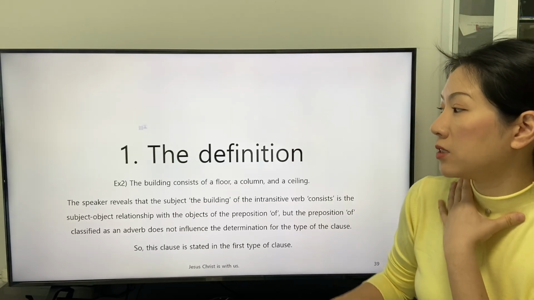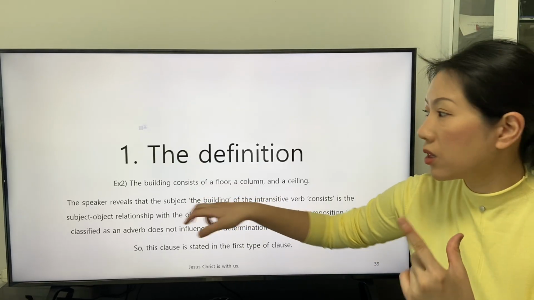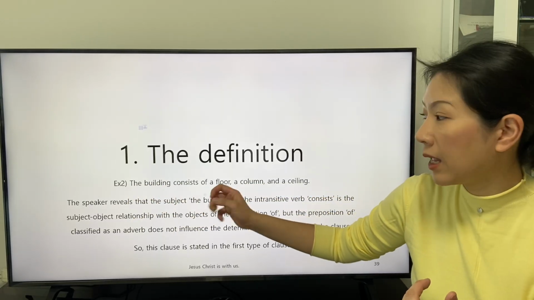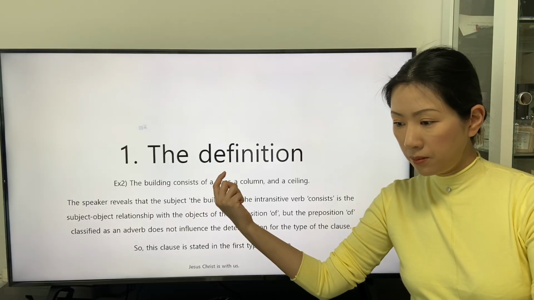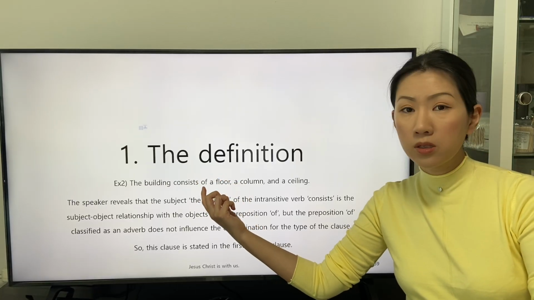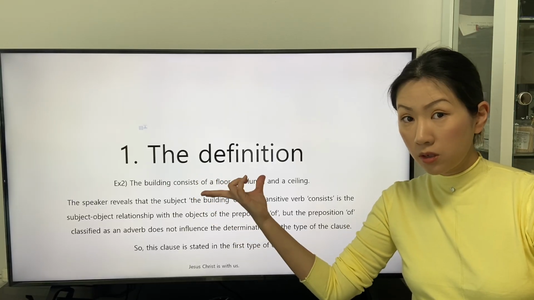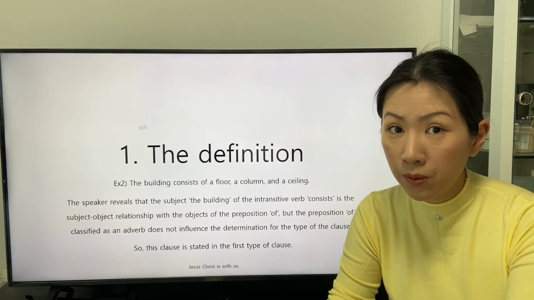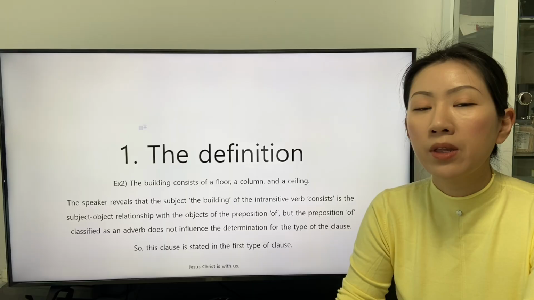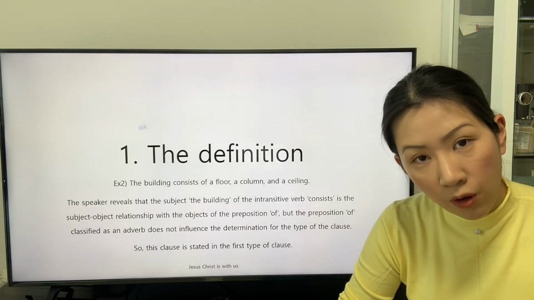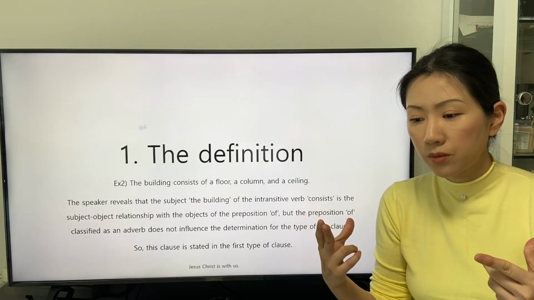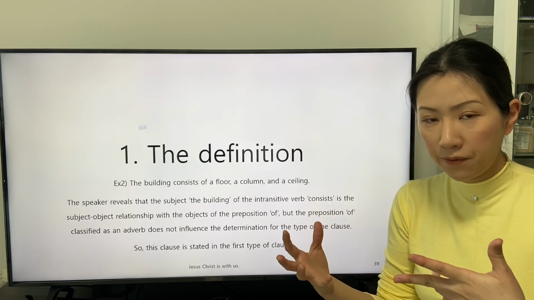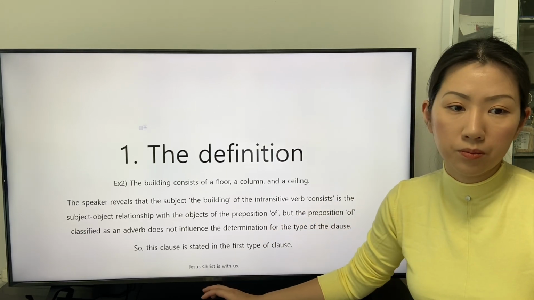This clause is stated with a subject and a verb. And the other part of the clause is classified as a modifier, which is not considered a constituent of the clause to determine the type of clause among 5.